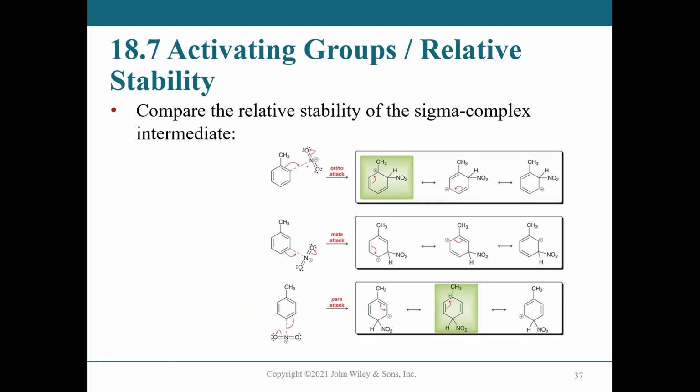So we have this addition, and then look where the positive charge goes in this sigma complex, right here. If we take this right here, the positive charge would be right here. We can move that positive charge here. We can also move it here. And remember, this is an electron donating group.